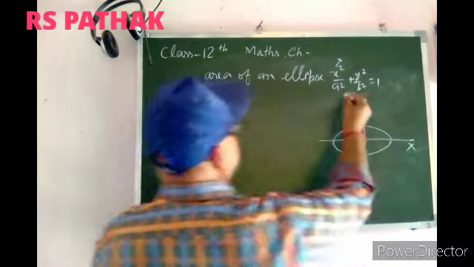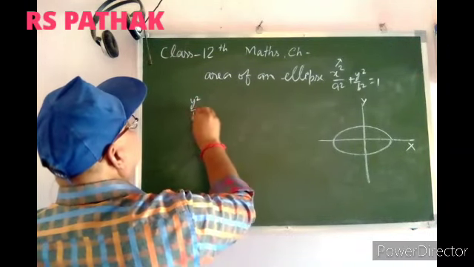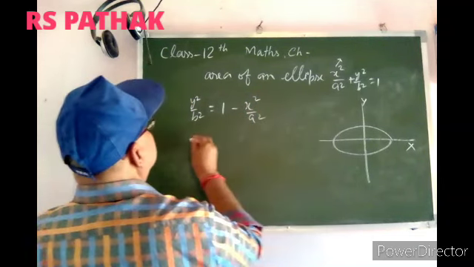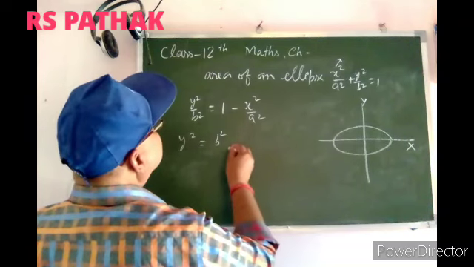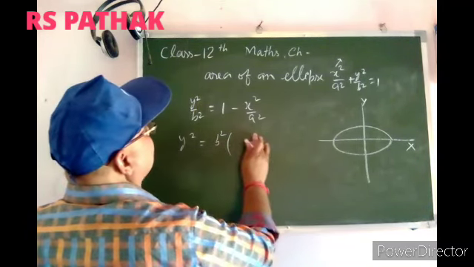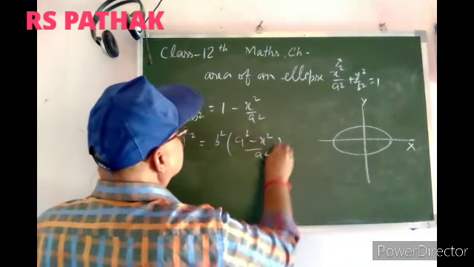The curve can be written as y square upon b square equal to 1 minus x square upon a square. y square equal to b square, 1 minus, after simplifying, a square minus x square upon a square.